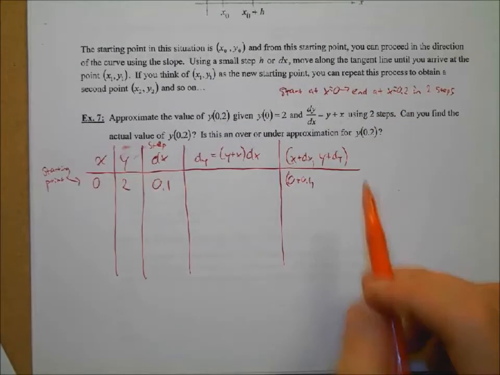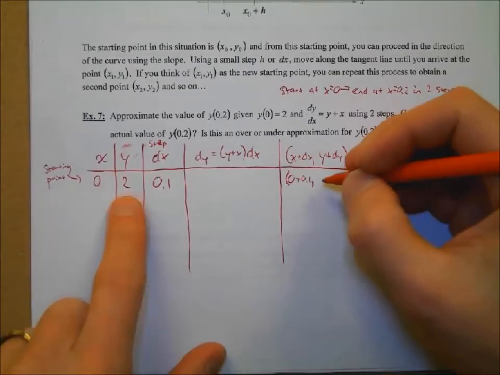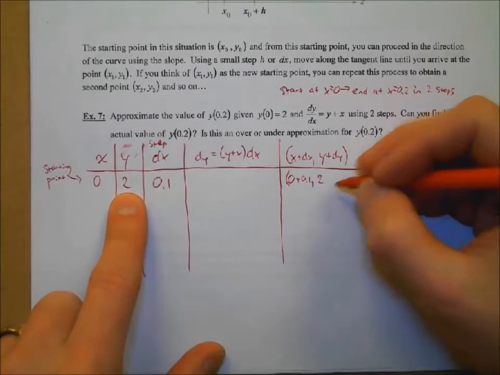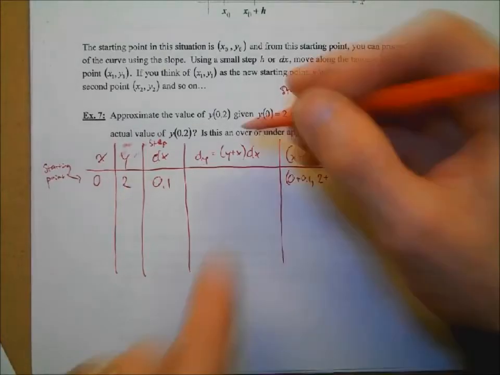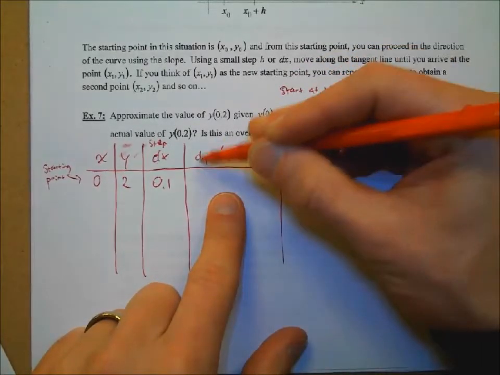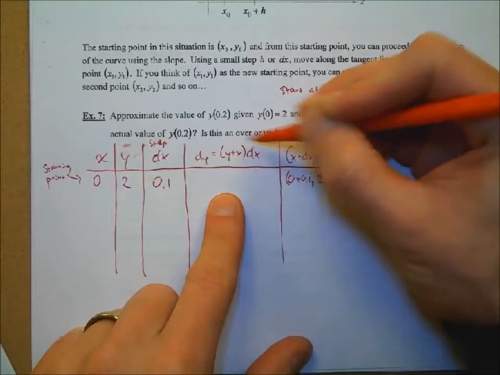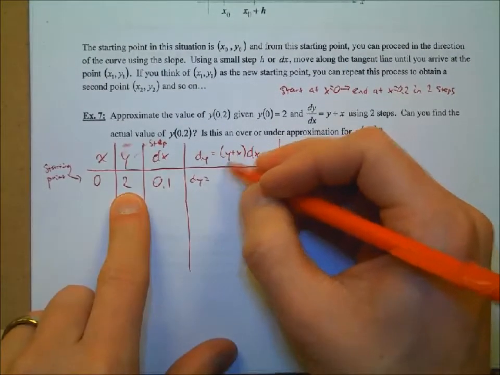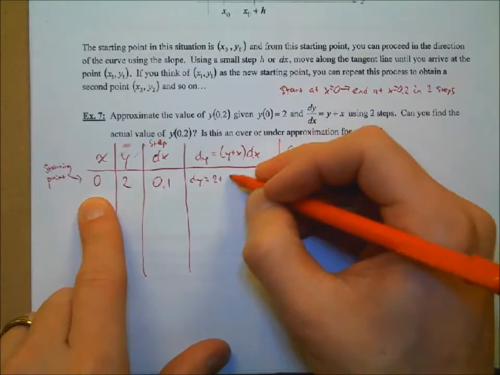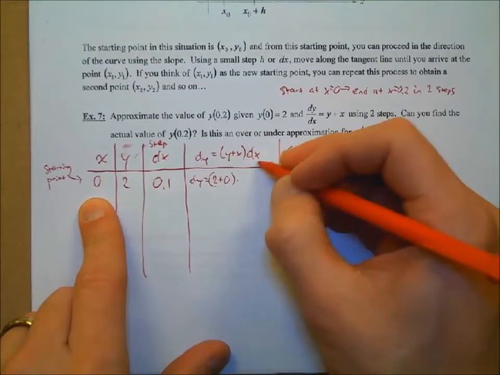And now we have to figure out what our y is going to be. We already know where we're starting. Our y is starting at 2. We're going to have to add to it some change in y. What change in y? Well, we're going to use our differential equation to figure out that little change in y. So dy is y, which is 2, plus the x, which is 0, times dx, which is 0.1.